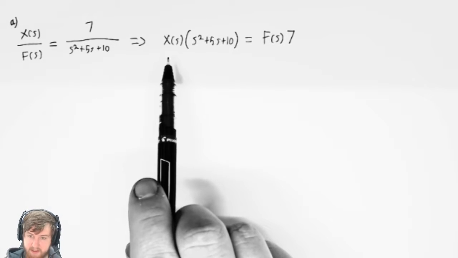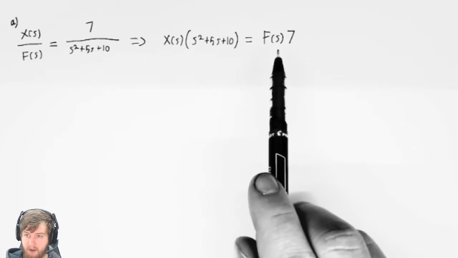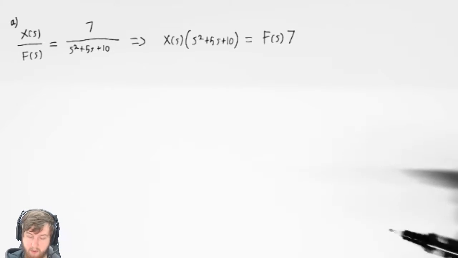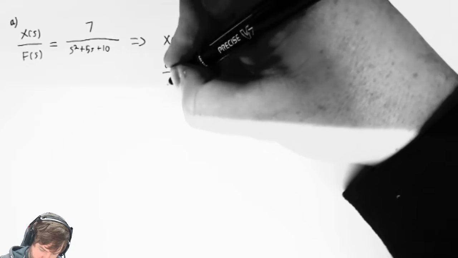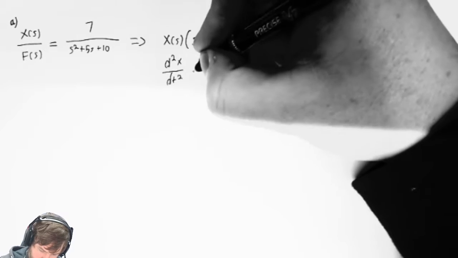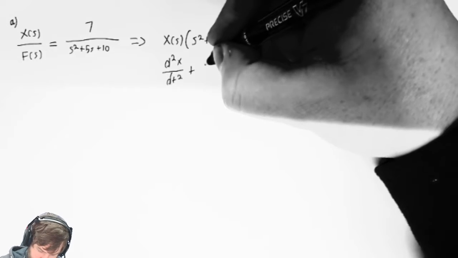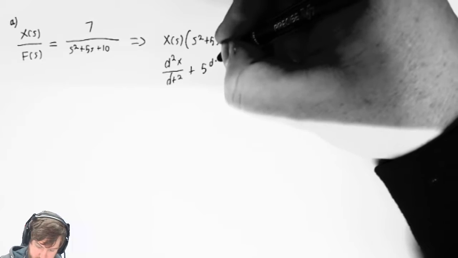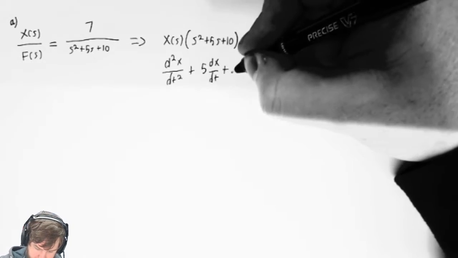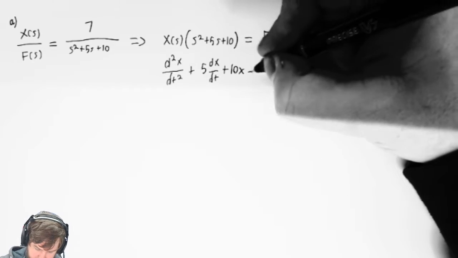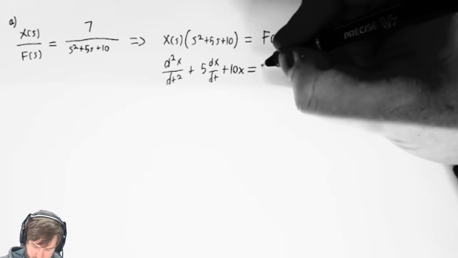So this x of s is going to distribute out. So we can just go ahead and write the inverse Laplace transform as d squared x over dt squared plus 5 dx dt plus 10x is equal to 7f.